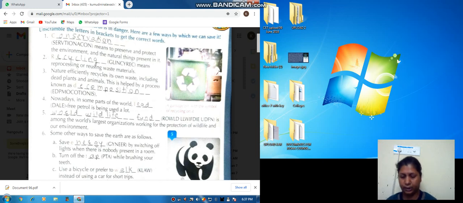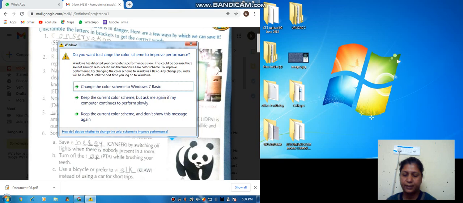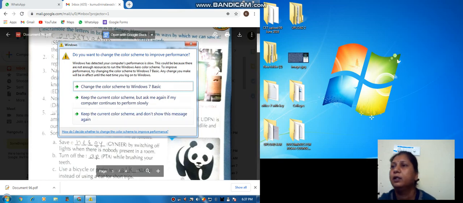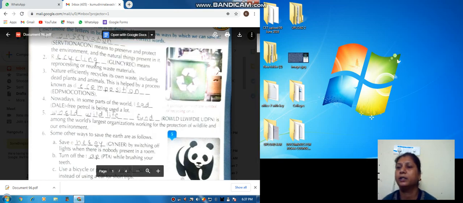Next, number 6. Some other ways to save Earth are as follows. Save dash by switching off the lights when there is nobody present in a room. So we can save energy by switching off lights. There is a limit to generating light energy, right?